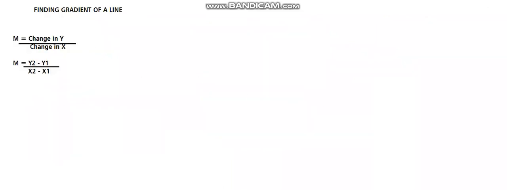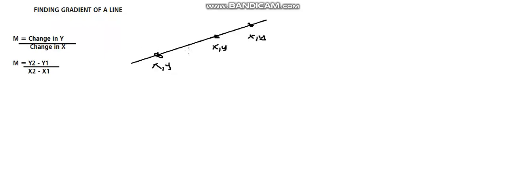Now let's look at finding gradient. A gradient is just a change in the value of y over the change in the value of x. Let's call this a line. This line is going to have a lot of points on it. These points have an x value and a y value.